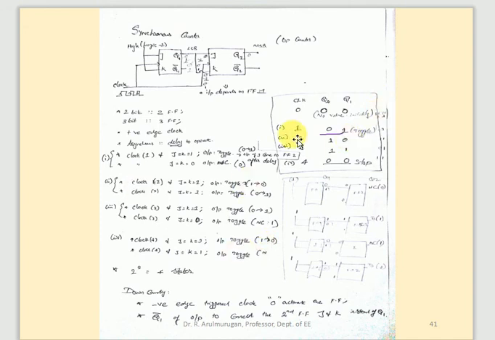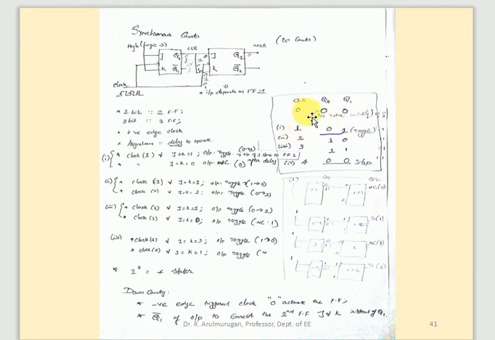Just look at the truth table, with the clock. Initially the outputs are 0. The second flip-flop is Q2, then after that Q1. Q2 is 0 and Q1 is also 0. So we do the second flip-flop followed by the first flip-flop.